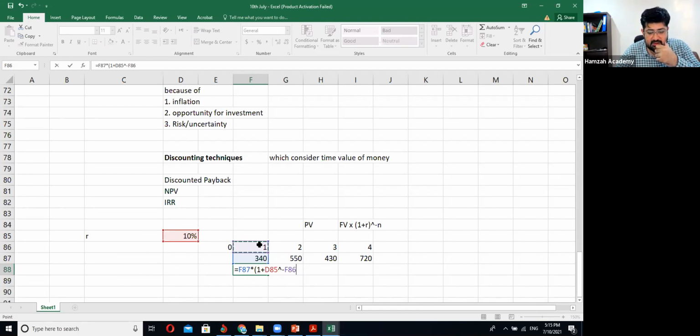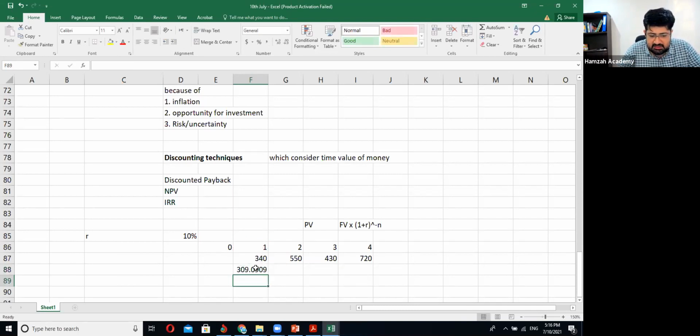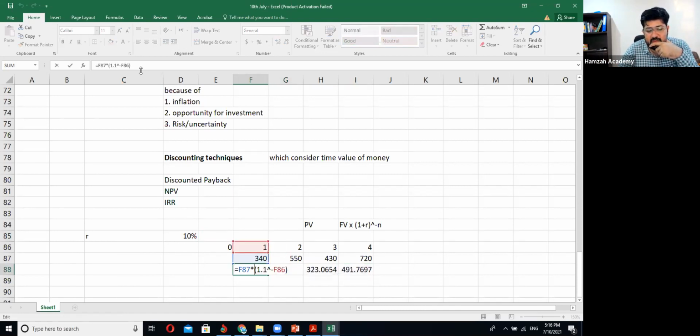Or even you can do 1.1, because 10% raised to power minus 1, you can do it. Here it is. And simply drag it. The formula will be applied. Just see the formula.